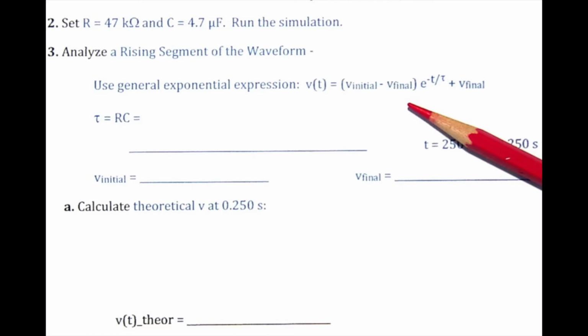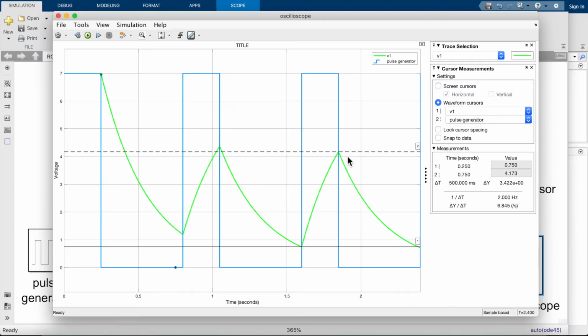Now the general expression is that the voltage at any time after the start of the rise is equal to the initial voltage minus the final voltage, e to the minus t, where t is from the beginning of the rise, over the time constant tau, plus the final voltage. That's the general expression. All we need to do is to find the terms in that expression to calculate the voltage after 250 milliseconds.